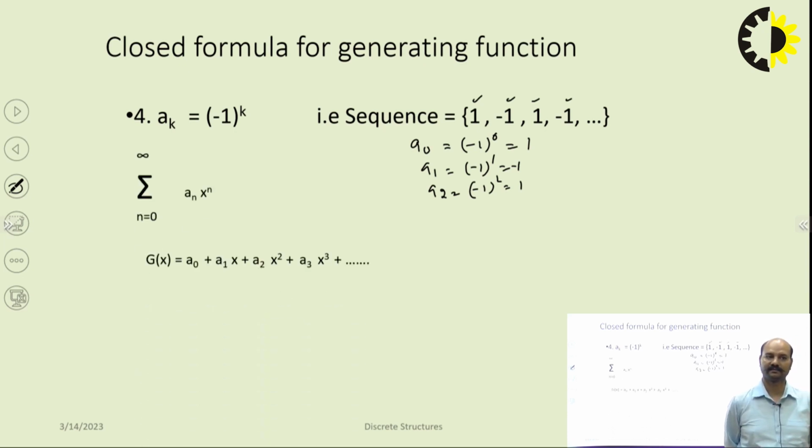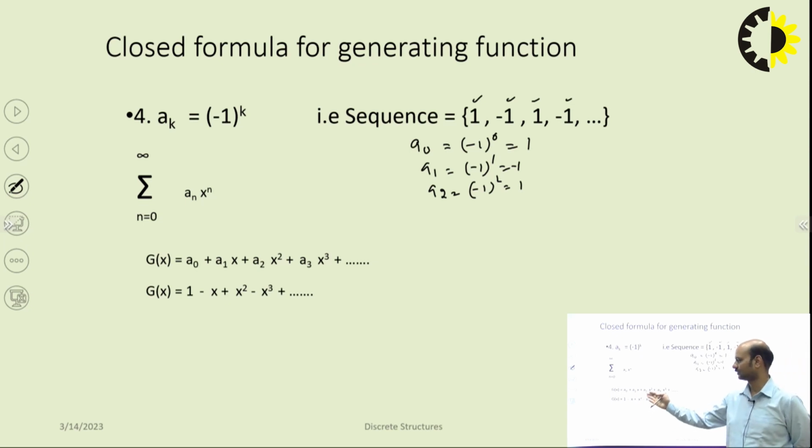So what is the generating function? That is a0 + a1x + a2x^2 + a3x^3 and so on. We substitute all the values of the coefficients: a0 is equal to 1, a1 is equal to -1, then +1, then -1, and we get this particular sequence.